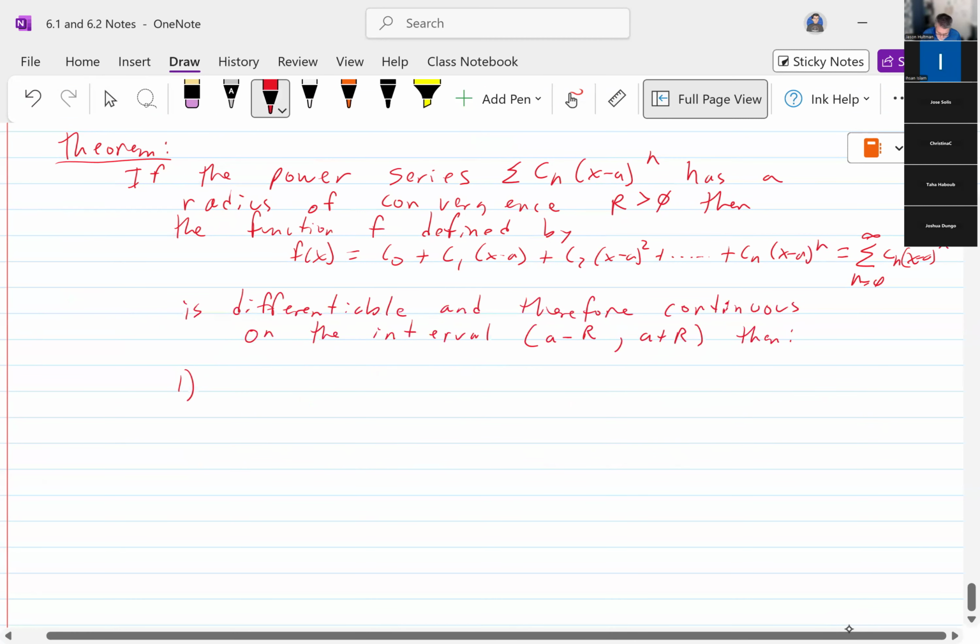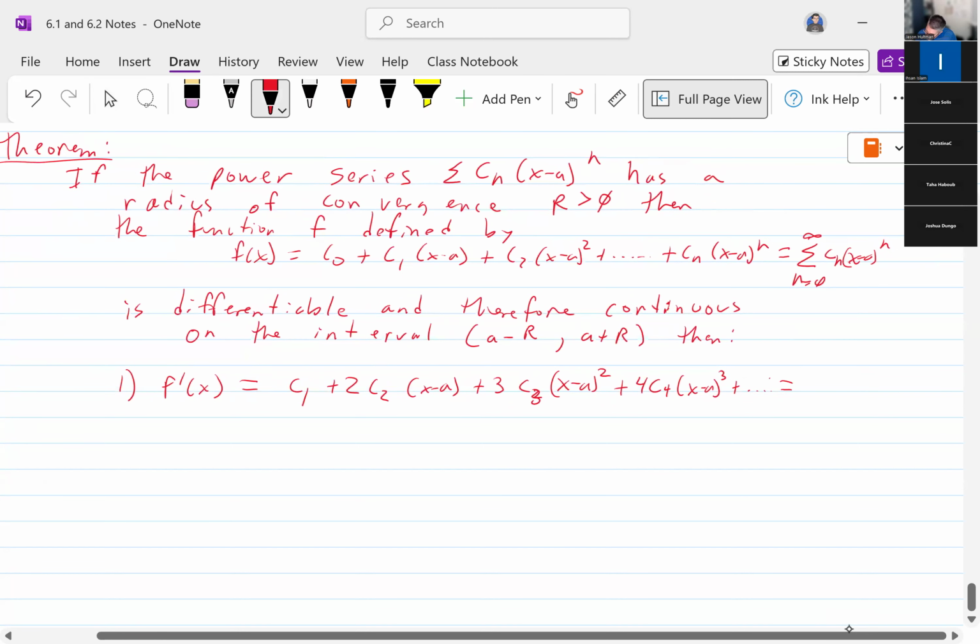1. f prime of x is equal to C1 plus 2 C2 times x minus a plus 3 C3 times x minus a squared plus 4 C4 times x minus a cubed plus dot dot dot.